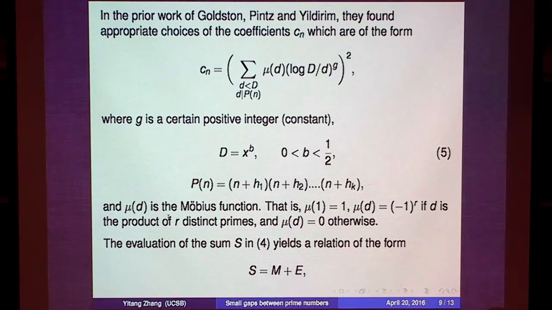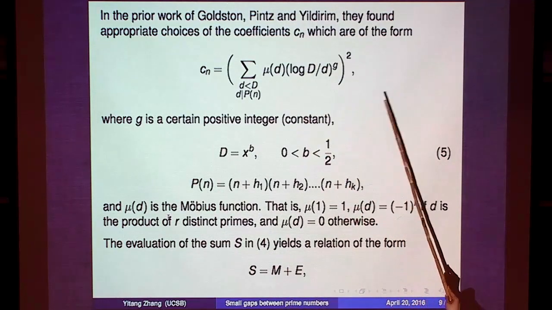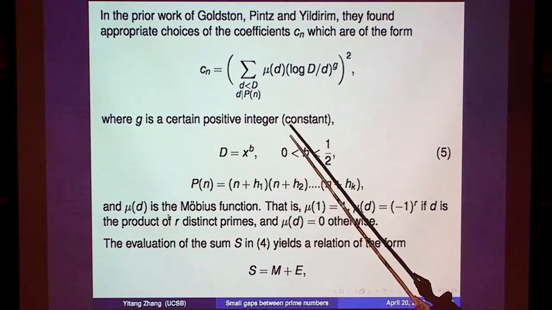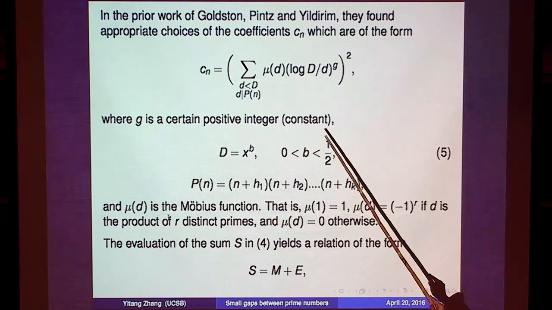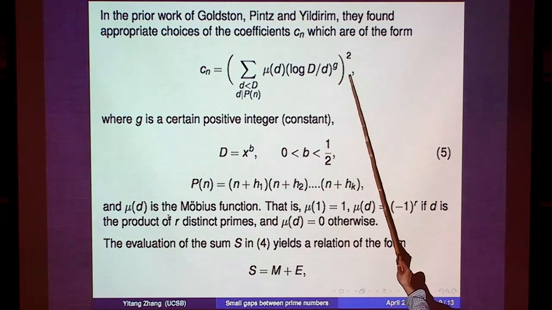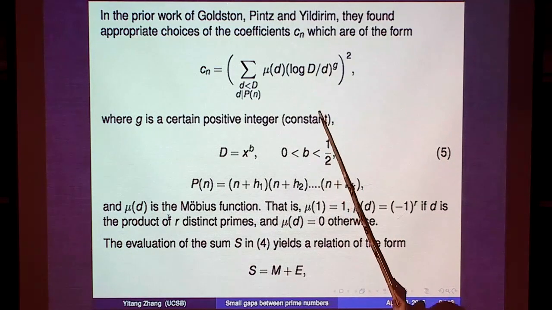Now, I mentioned the previous work of these three mathematicians. They found that the appropriate choices of the C_n are of the form, first, a square of something else, so the non-negative condition we don't worry about.